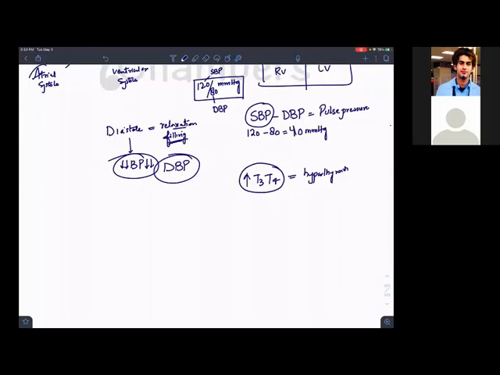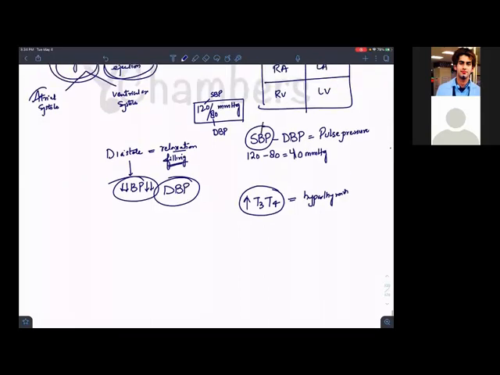This should be a concept. That means the pulse pressure value will become more, because the difference is increased. So pulse pressure is increased in it.